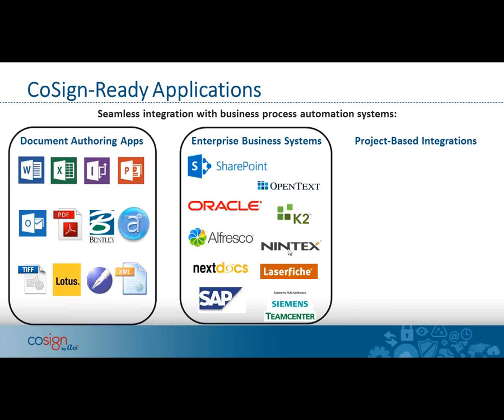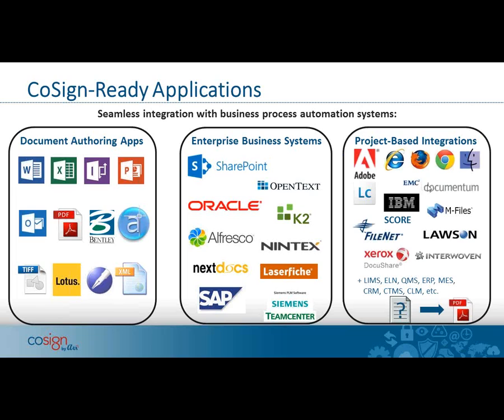K2 workflows, Nintex workflows, Alfresco is a DM system, Laserfiche, popular ECM system, and others. Even Documentum we have a connector for now. So if you're running any of those systems, do let us know, and we can show you how we've exposed signing features already out of the box through those user interfaces so that you don't have to do any of that integration. And as you can see, we also have the APIs to work with almost anything else that's out there.